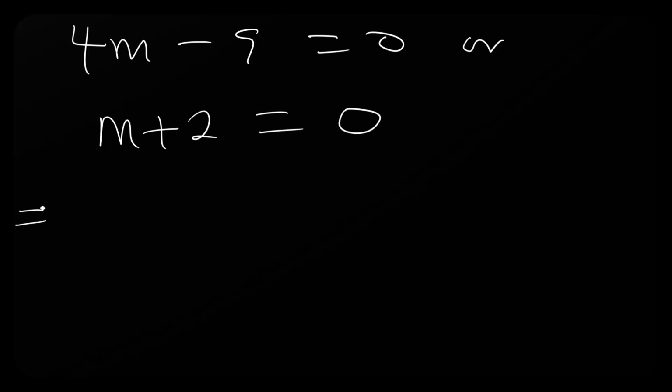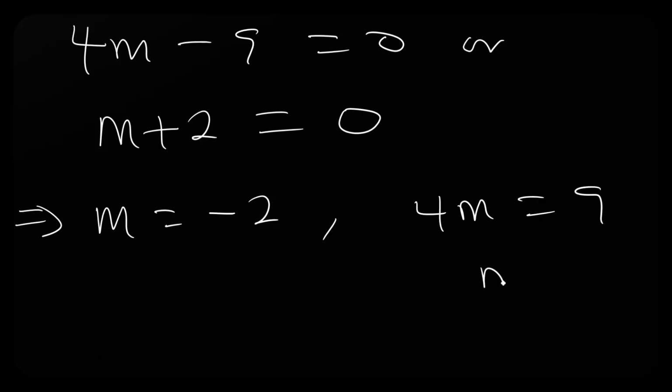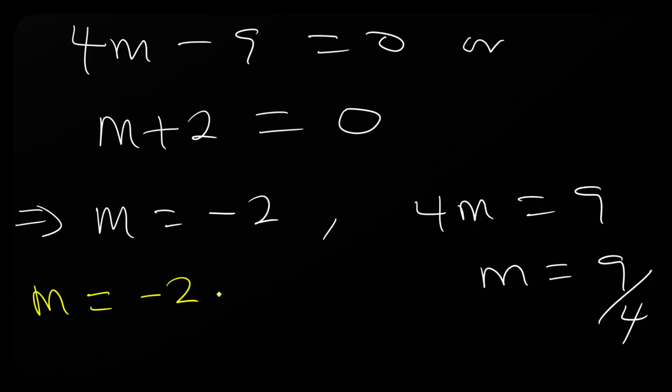So we have m equals minus 2, and 4m equals 9, that is m equals 9 over 4. Okay, so we have two answers for m: m equals minus 2 or 9 over 4.